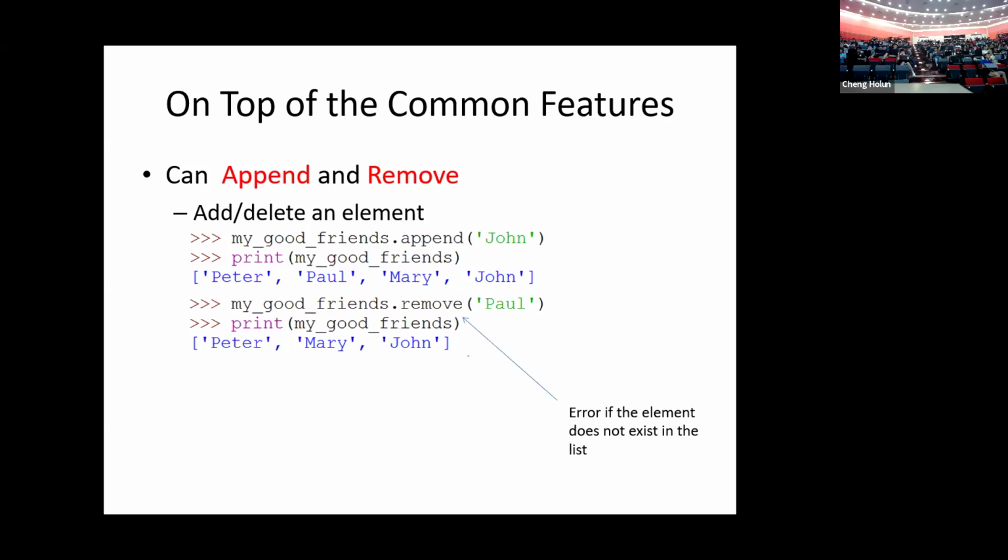The program will show red lines and tell you there's no such thing as Benny, okay? So be careful about that. When you use the function remove in a list, if that item is not in the list, you will crash the program, okay? So be careful about that.